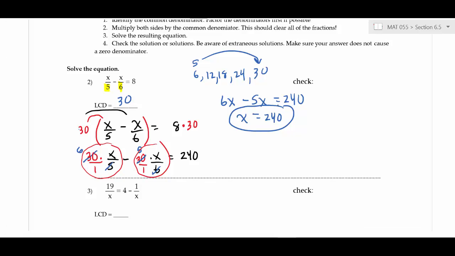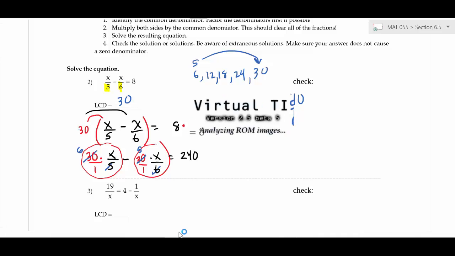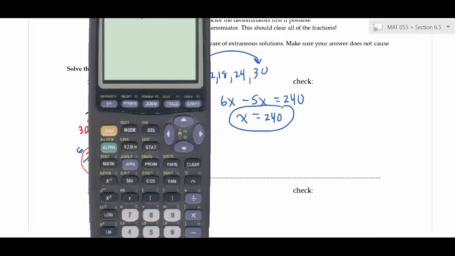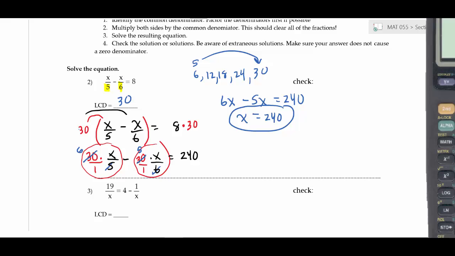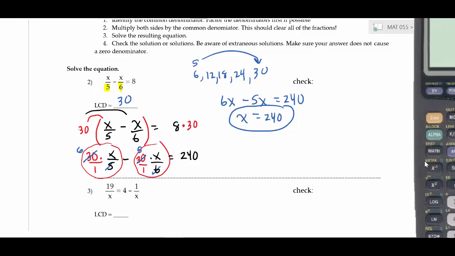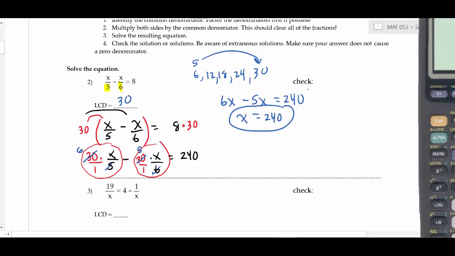Now I'm going to check this one. I am going to use my calculator to help with the checking a little bit, which you could do. So when we check the answer, we're just going to plug in, everywhere we see an x, we're going to put in a 240. So we're going to do 240 divided by 5 minus 240 divided by 6, and we're going to see if we get 8.